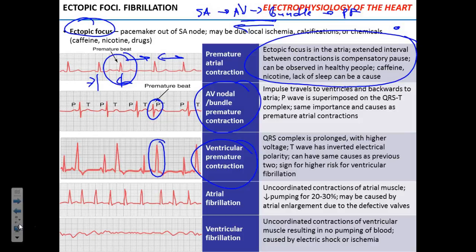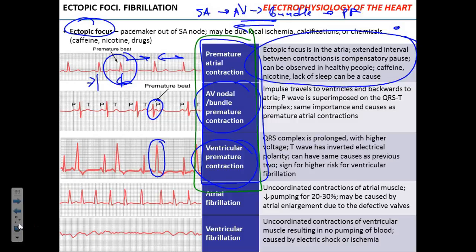The point is, in the premature ventricle contraction, you actually have an extra push for the blood that may not be there. So ventricles didn't have a chance to be filled up with the blood, but they still contract. All the same causes can cause the premature ventricular contraction. And as with previous two things, all these three can be observed in healthy people.